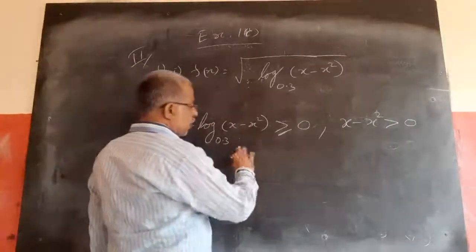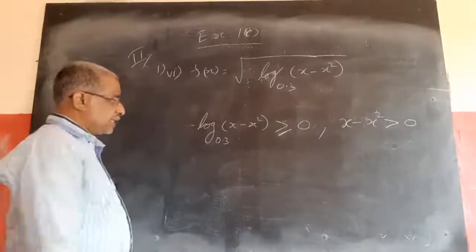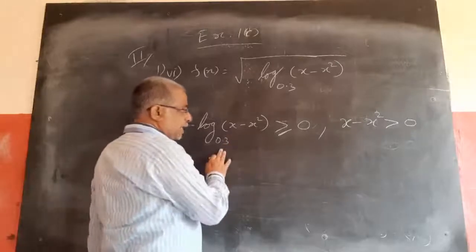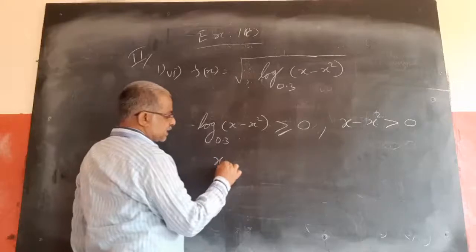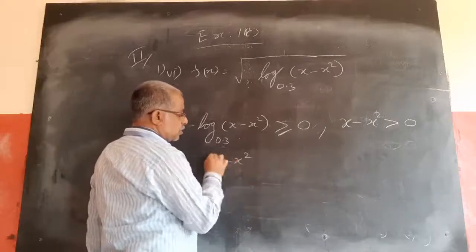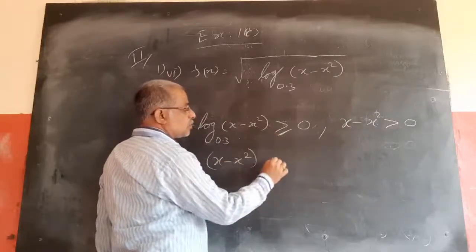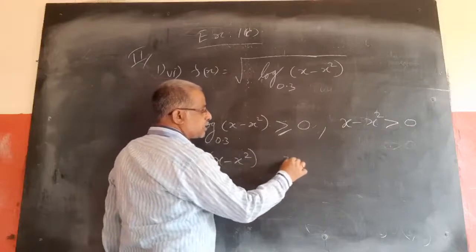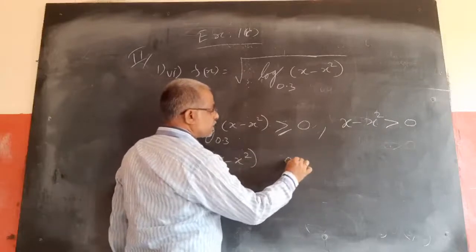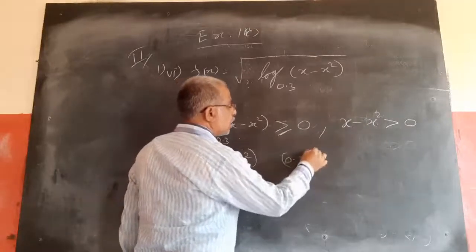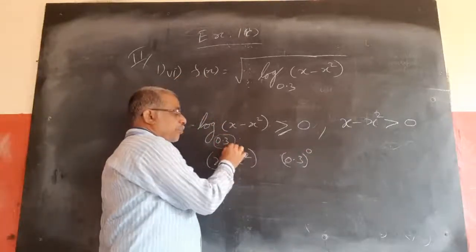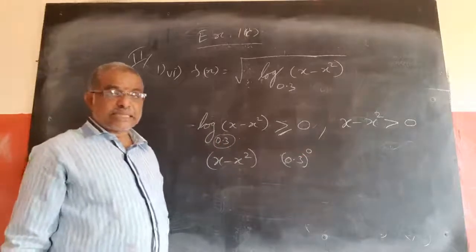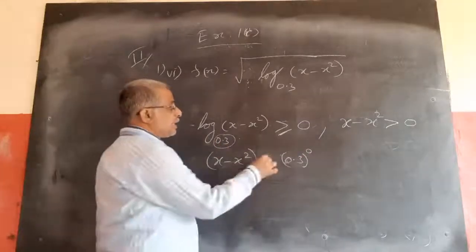Combining both, how can I find this? This is log a to base b greater than or equal to some c. Then x minus x square is greater than or equal to 0.3 to the power 0, by eliminating the log. But the base is less than 1. If the base is less than 1, the inequality will change.